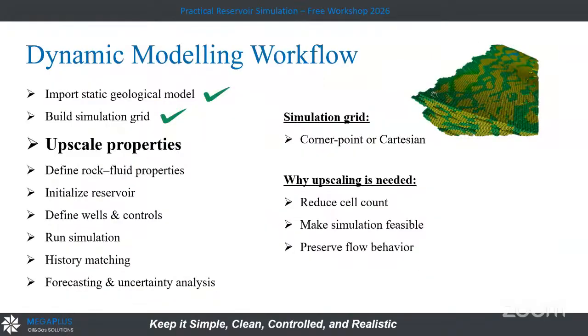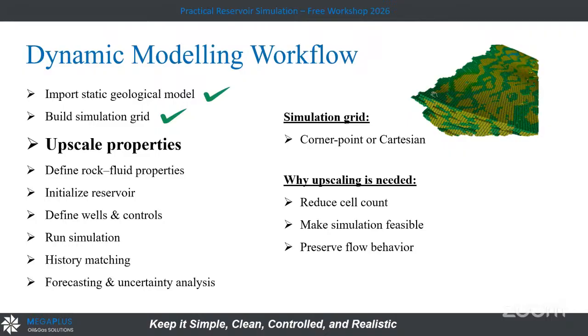So we'll start. Now we have imported the static geological model and built a simulation grid. And we will go to the next step or next phase in simulation modeling. The first step is called upscaling properties.